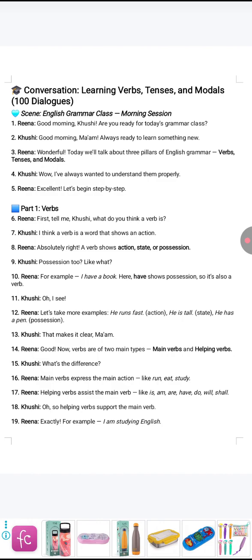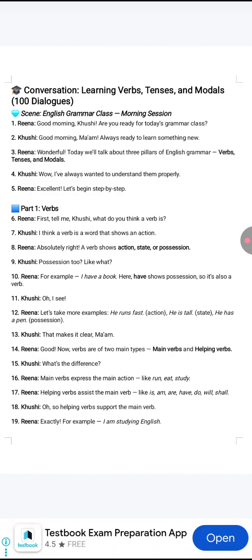Sleep is intransitive. Exactly right. I think I'm getting it. Great, because verbs are the foundation of every sentence. So verbs show action, state, possession and have types like main, helping, and transitive and intransitive verbs.